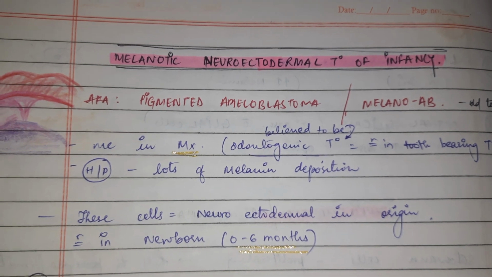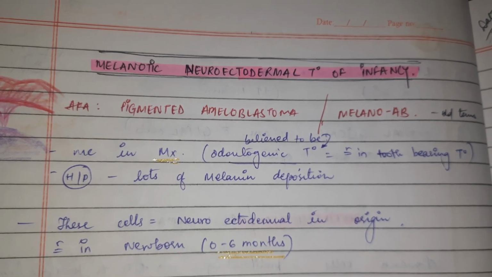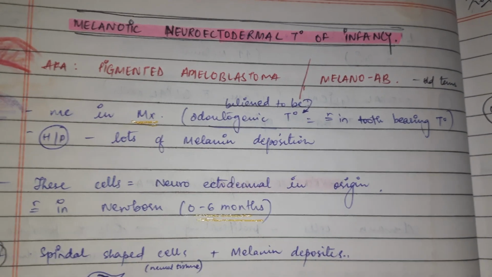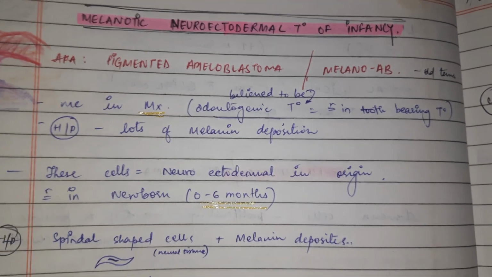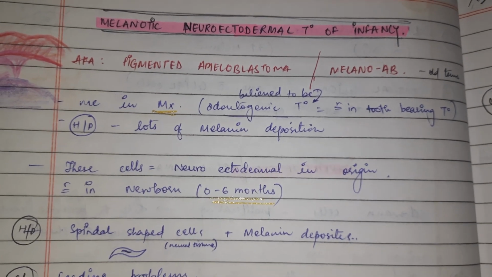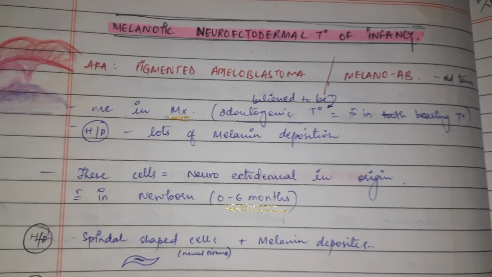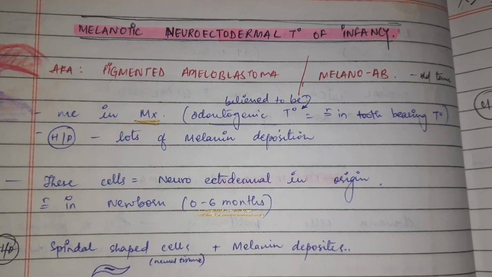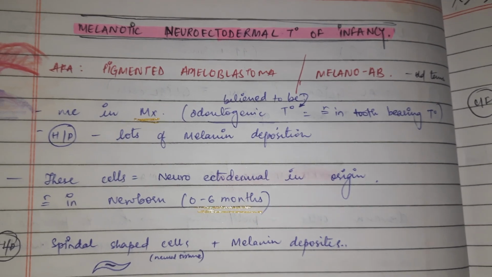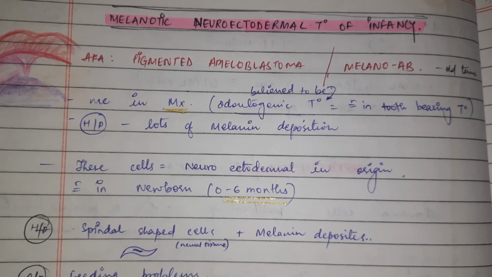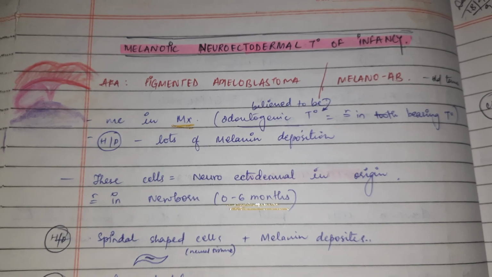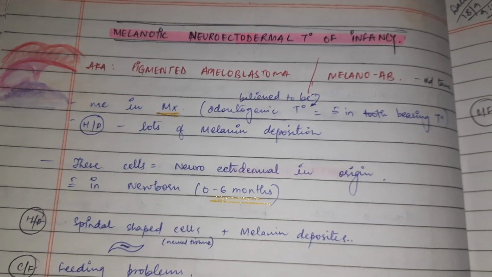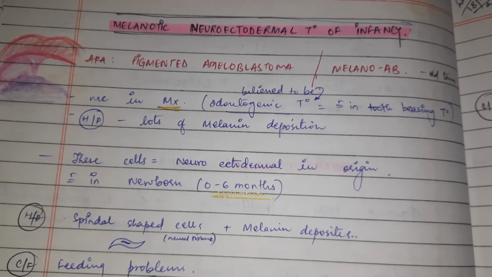Then melanotic neuroectodermal tumor of infancy, also called pigmented ameloblastoma or melanoameloblastoma, which are old terms. It is most common in the maxilla.